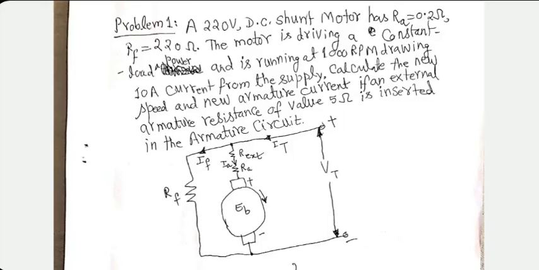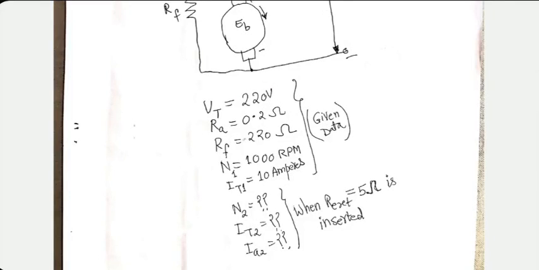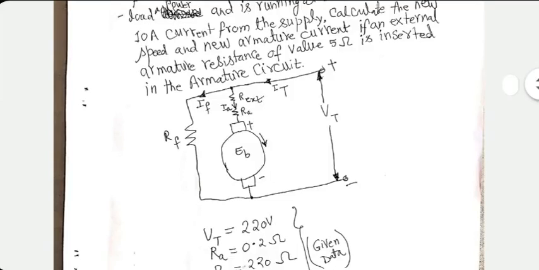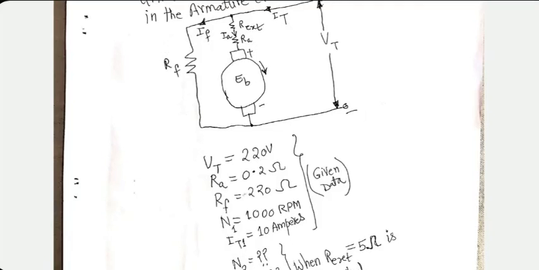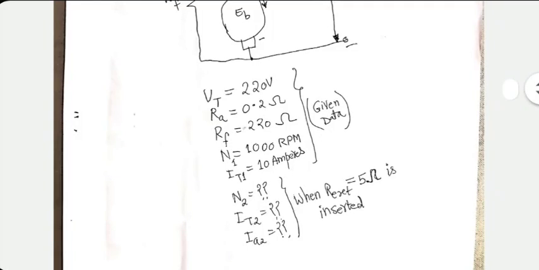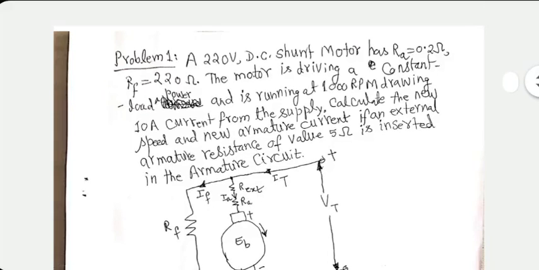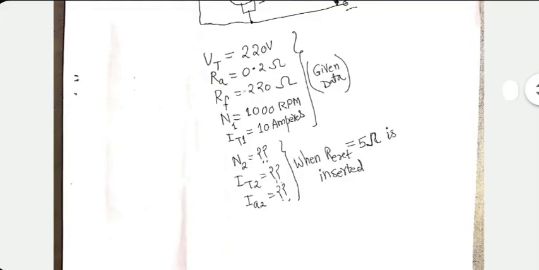We need to calculate that somehow. The terminal current is IT1 in the first case, and it is 10 amperes. It will be IT2 in the second case. We need to figure that out also. And once you know IT2, from there you can figure out IA2 in the second case, because IF is not going to change. Okay. Let's see how we tackle this.